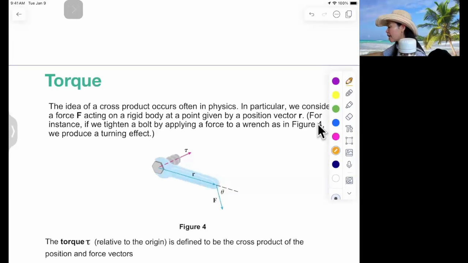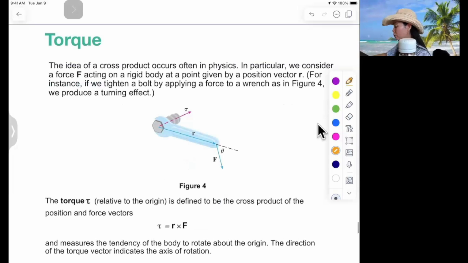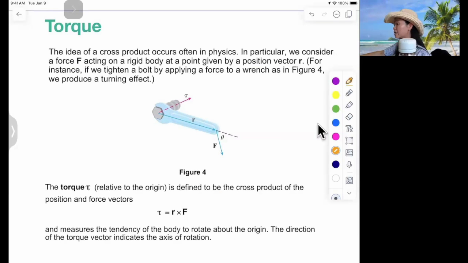The force and the handle form an angle theta. And the torque is actually this vector R crossed with this force. It's a cross product of these two.